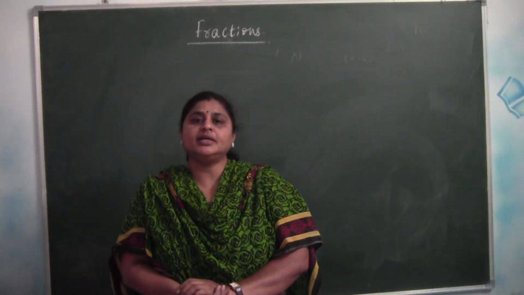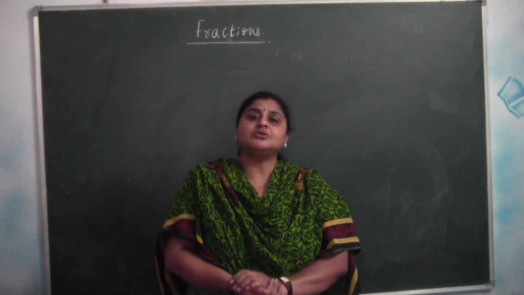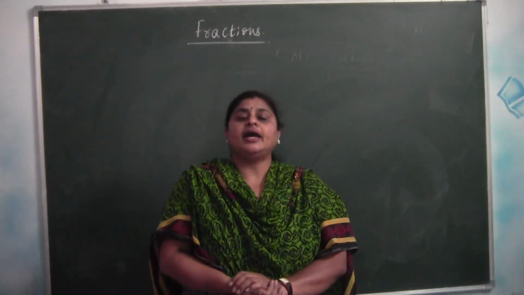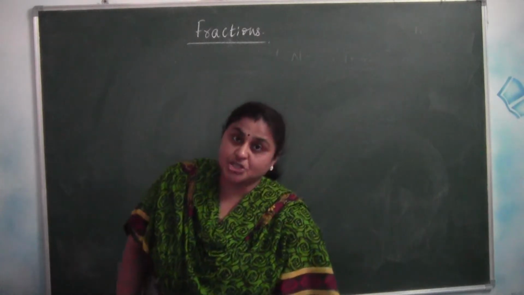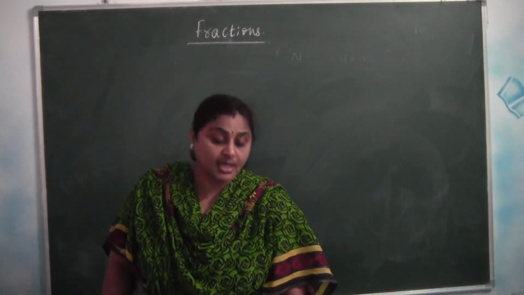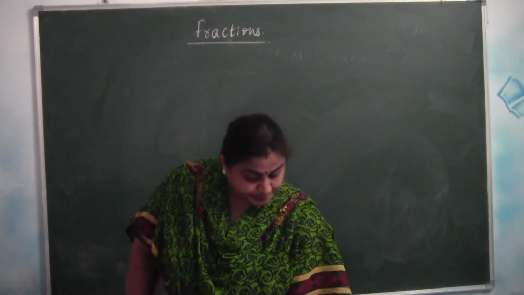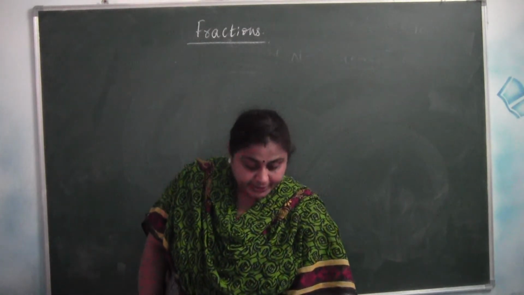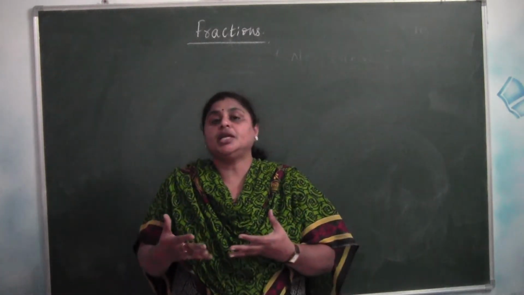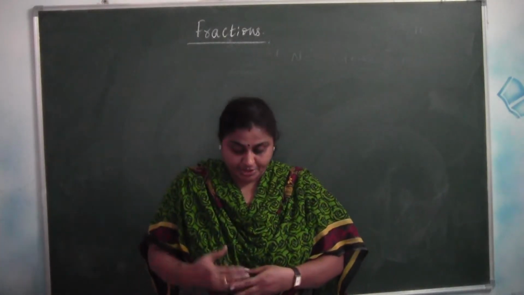So what all have we learned in that? You learned the meaning of a fraction, how many types of fractions we have, what equivalent fractions are, and how to check whether the given fractions are equivalent or not. And what more you have learned: how to write 3 or more equivalent fractions of a given fraction.